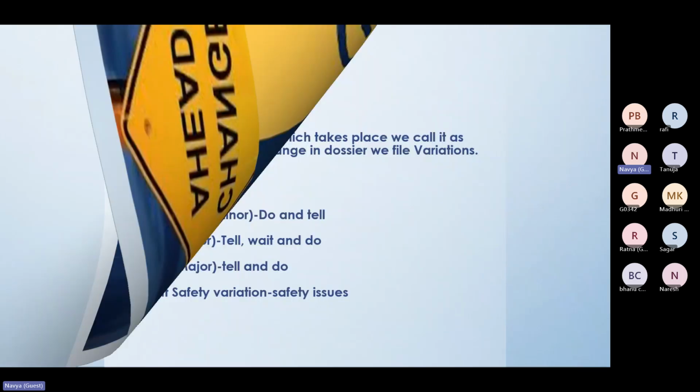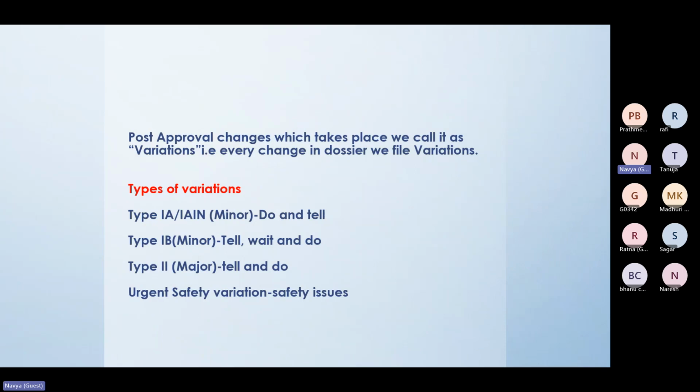So let's see what post-approval is. Post-approval changes which take place, we call variations. Every change in the dossier we file as a variation. Any minor change in your filed dossier has to go through the filing of a variation. Now in Europe, we have different types of variations. That is your type 1A variation or type 1A IN, where you perform the change first and then tell the authority.